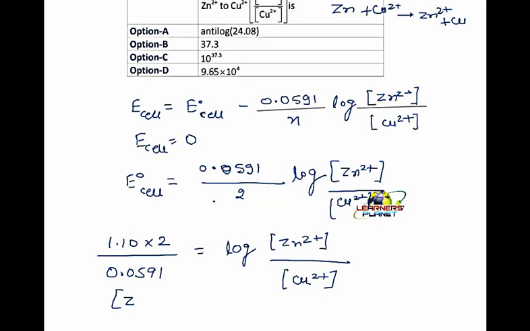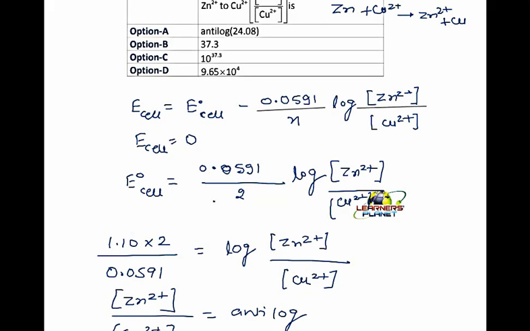Or the concentration of Zn2 plus by Cu2 plus is equal to anti-log of 1.10 into 2 divided by 0.0591.